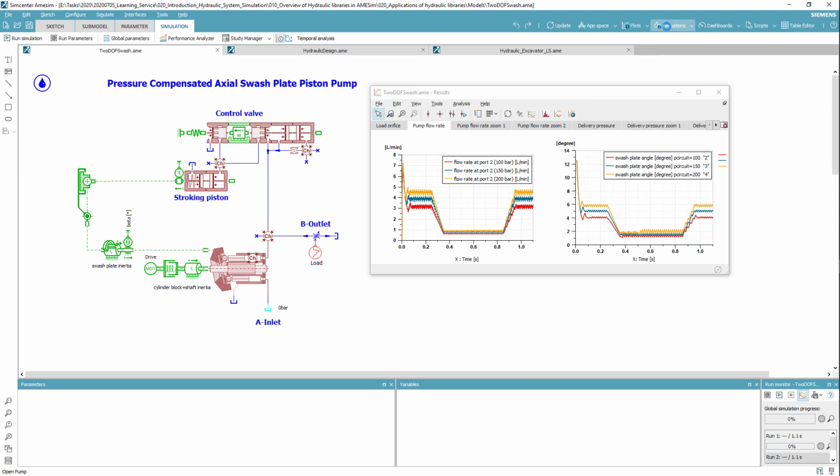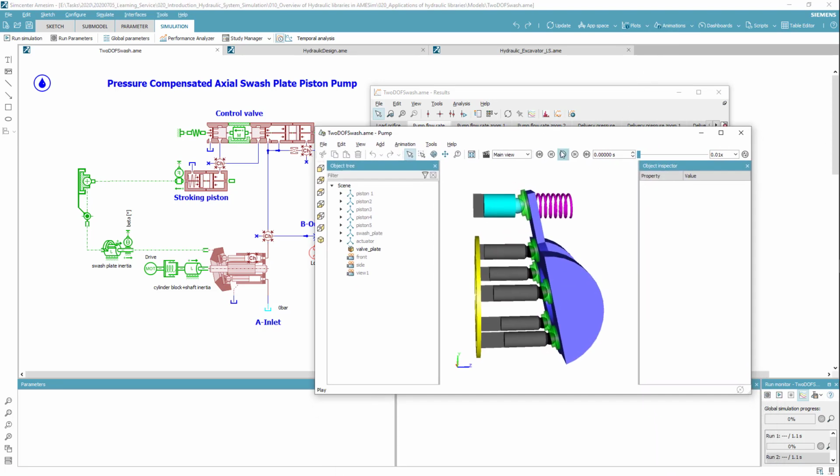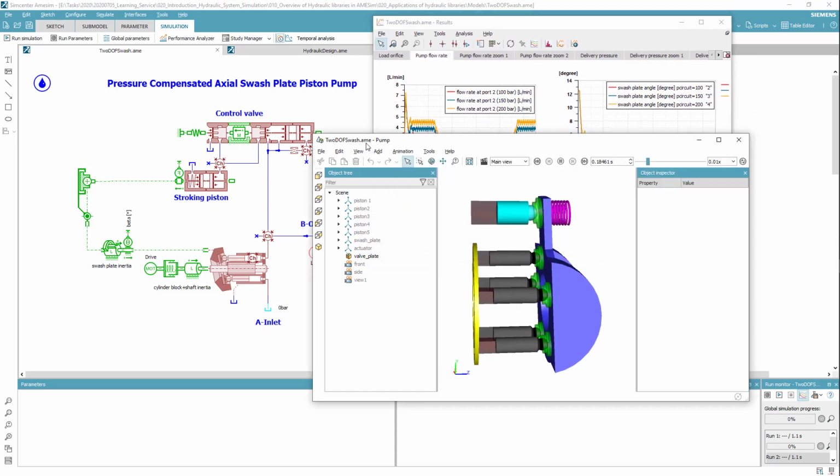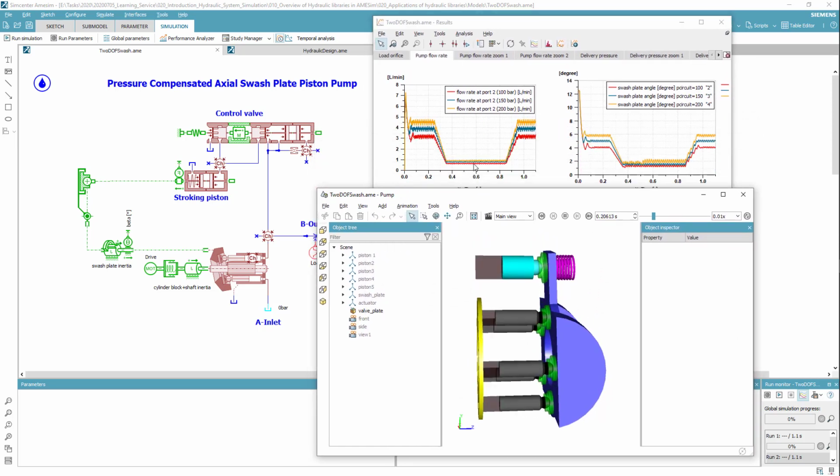It can also be seen from this 3D animation. You see, when the control piston is actuated, the swash plate angle goes from an inclined position to its vertical position. And then there is no more suction and discharging of the fluid. That's why we have almost no flow rate when the swash plate goes to this vertical position.